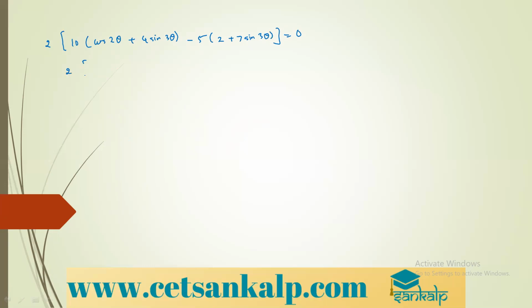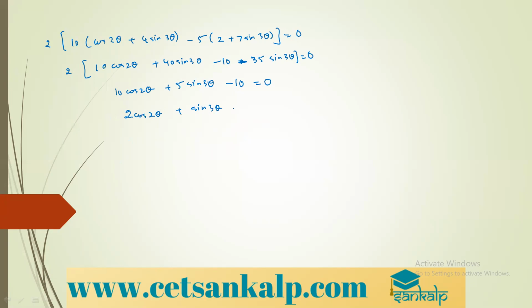Or 2 into 10 cos 2 theta plus 40 sine 3 theta minus 10 minus 35 sine 3 theta equal to 0. I can remove 2. So 10 cos 2 theta plus 5 sine 3 theta minus 10 equal to 0. Or 2 cos 2 theta plus sine 3 theta minus 2 equal to 0.